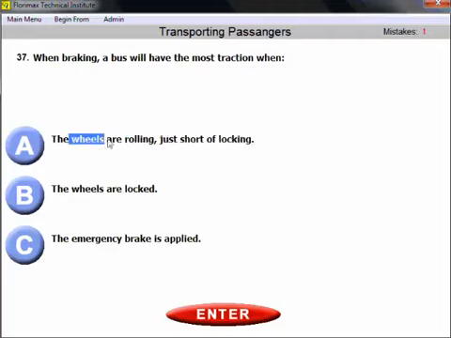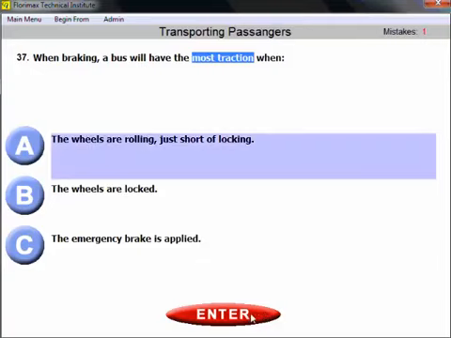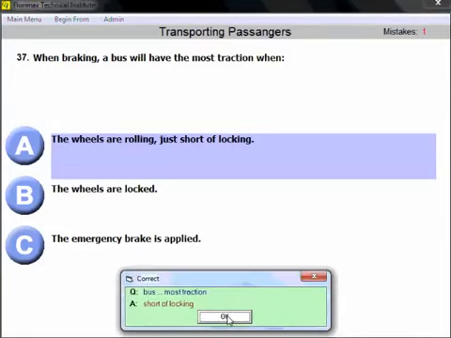So when the wheels are rolling, they have the most traction, and that's why during an emergency situation you need to use controlled braking or stab braking in order for your vehicle to move in a straight line and to prevent the wheels from locking. So you should look for traction. The wheels should roll, and that's how you keep your traction.